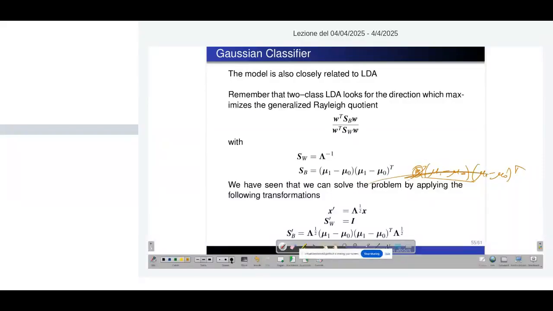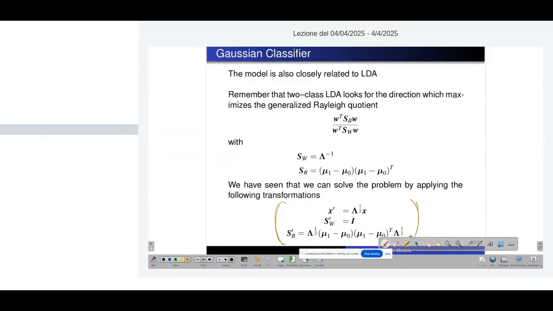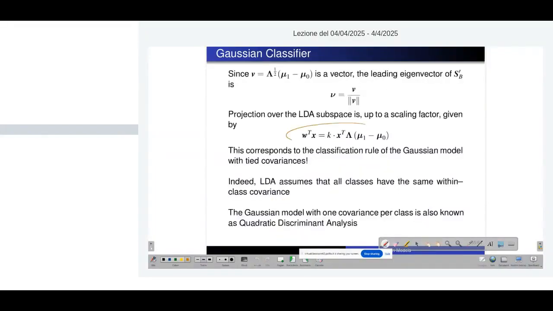To solve the problem, we can obtain the generalized eigenvalues of the LDA problem, and we have seen that once we have solved the LDA problem, we can show that a solution of the problem corresponds to a W that is proportional to lambda mu1 minus mu0.